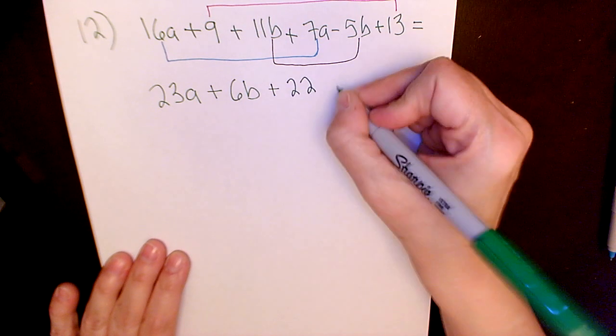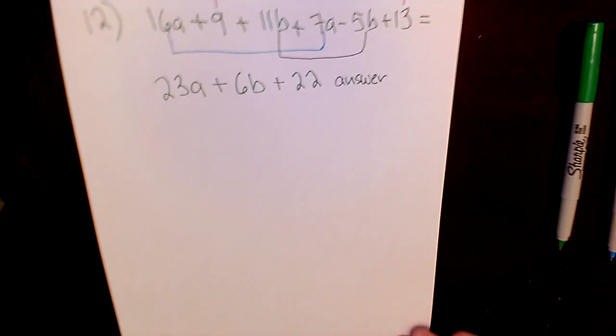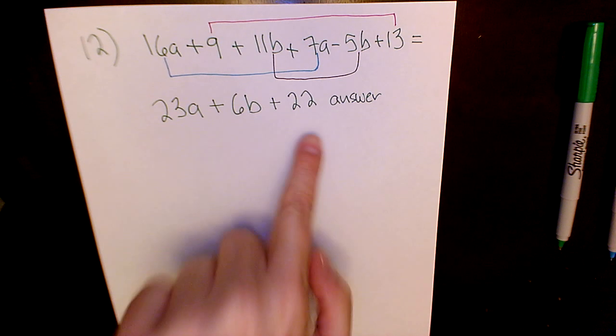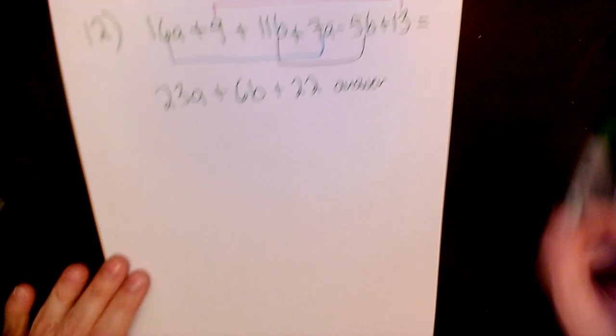And make sure you put your plus 22. That would be combining all your like terms together, and that would be your final answer. So you have 3 terms in your final answer: 23A plus 6B plus 22.